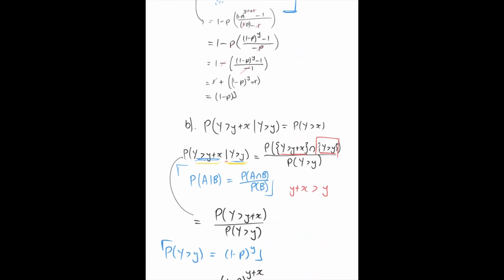Alright, so the next one says, given that we have already tossed a fair coin 10 times and obtained 0 heads, what is the probability that we must toss the fair coin at least 2 more times to get the first head? Okay, so that's a bit of a mouthful, but let me just scroll past all of this.